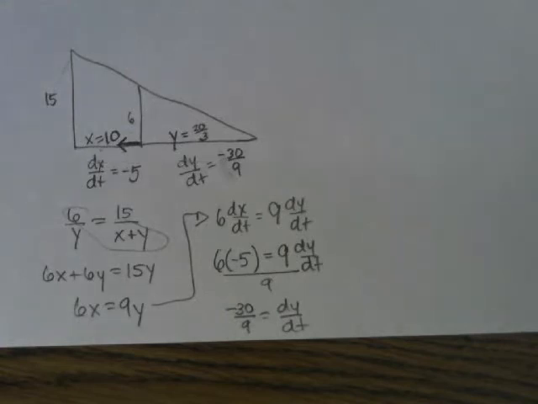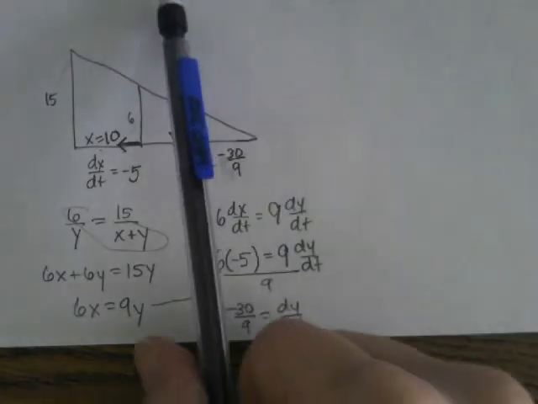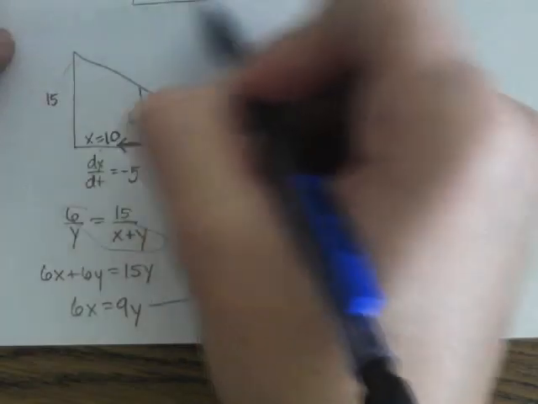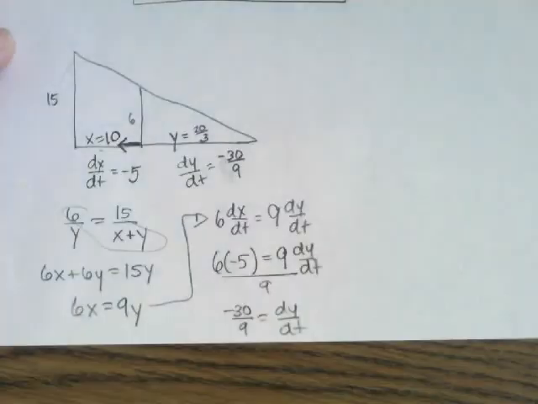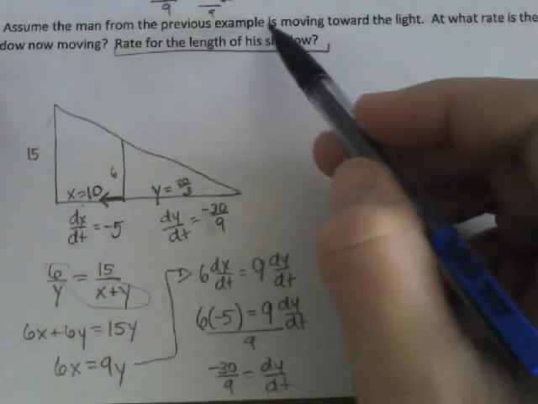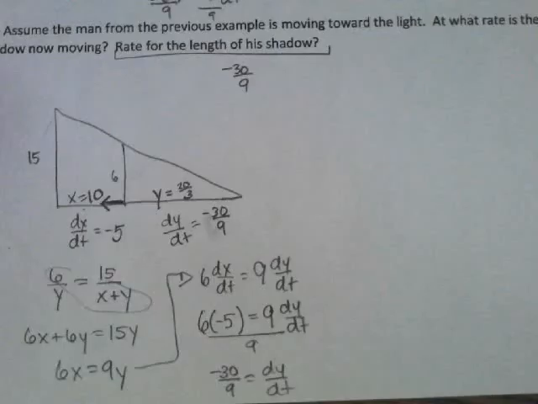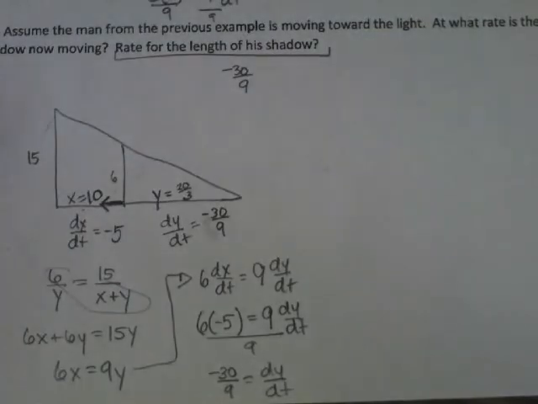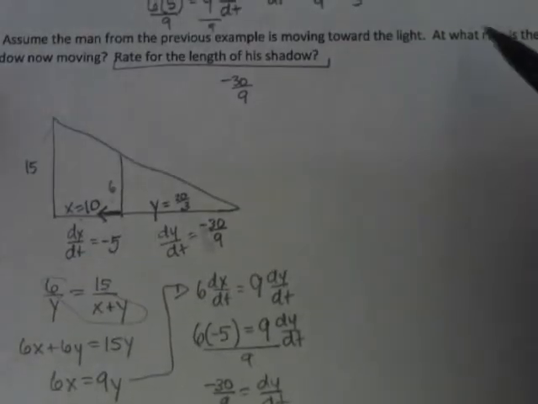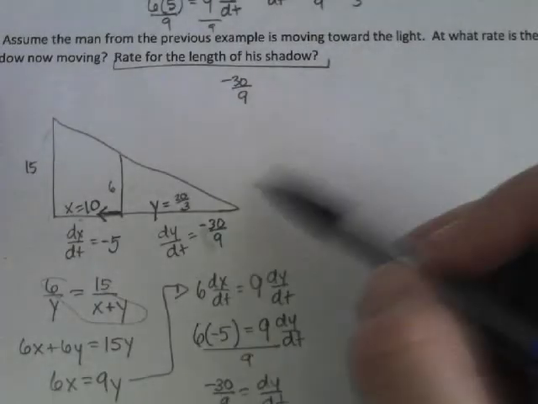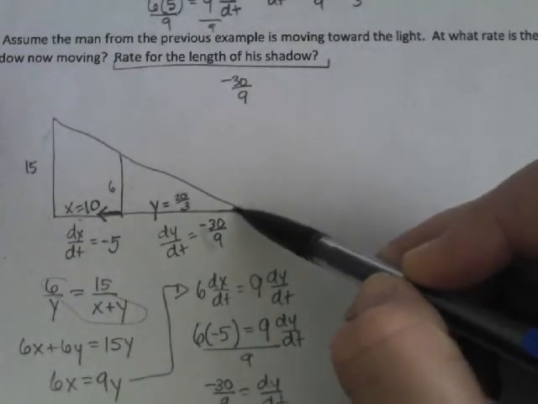So when we're asked for the rate for the length of his shadow, that's the -10/3. So the length of his shadow is shrinking at that rate. The tip of the shadow, again, is moving backwards. It's like a double whammy again.